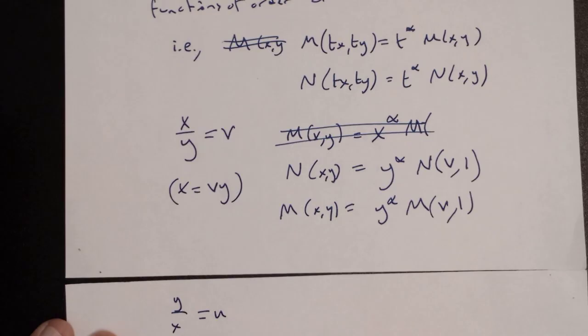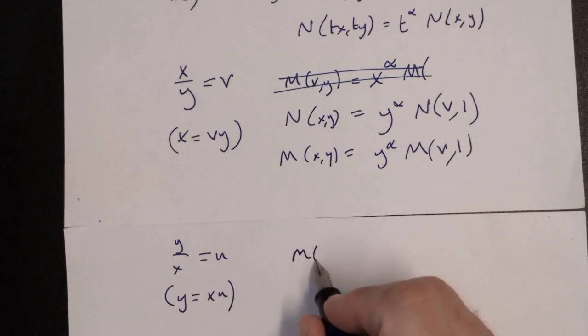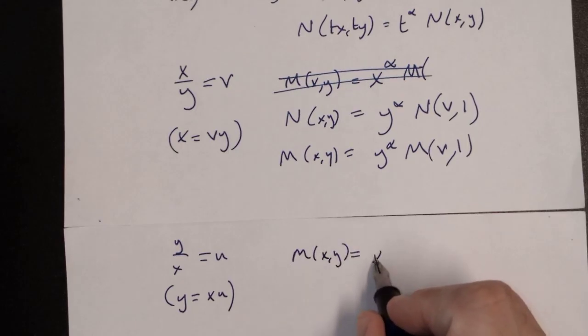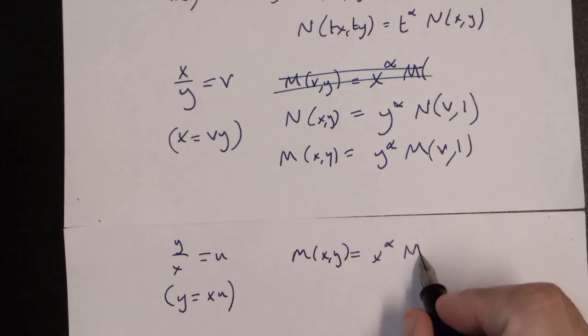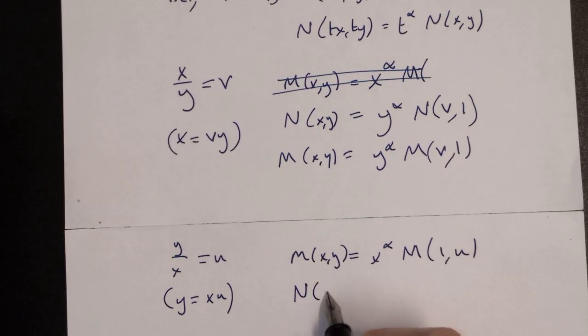That's the same as saying y is x times u. Well, then my rearrangement is that m of xy is x to the alpha m of 1, u. It goes in the other spot. And n is x to the alpha n of 1, u.